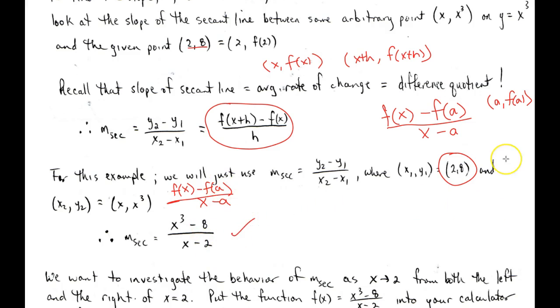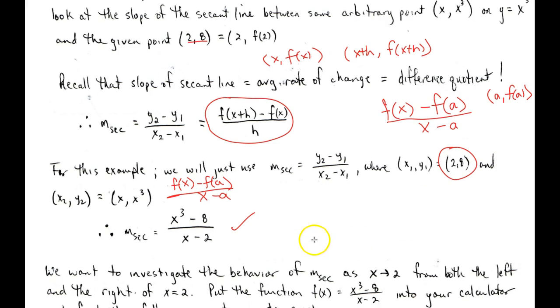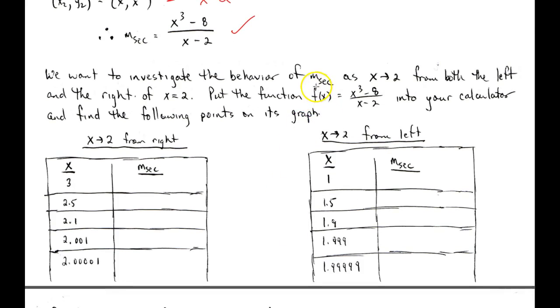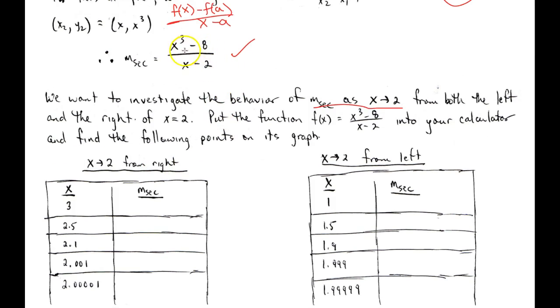So we get this. Now what we want to do is investigate the behavior of the slope of the secant lines as they approach 2, going from the left and the right. One way you can do this is to put this particular function in your calculator and do it for several values of x, like I have listed here.